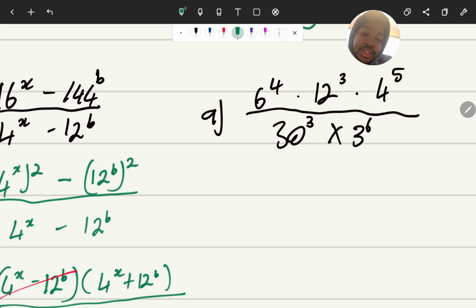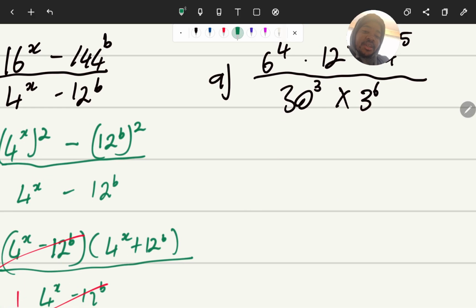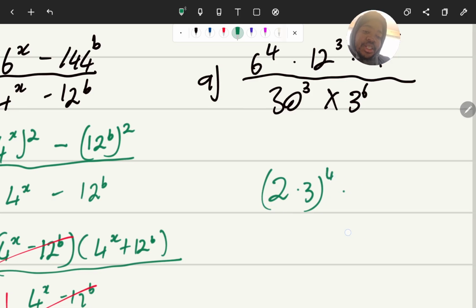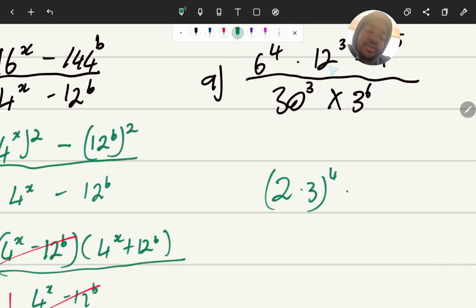Yeah? For example, 6. For 6, the lowest prime number that can divide 6 is 2. So that means I can say I have 2 multiplied by 3, to the power of 4. And then for 12, we have what? We have 2, right?